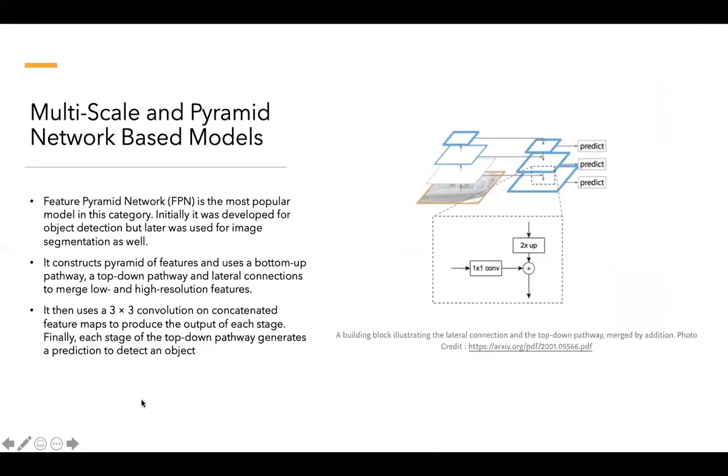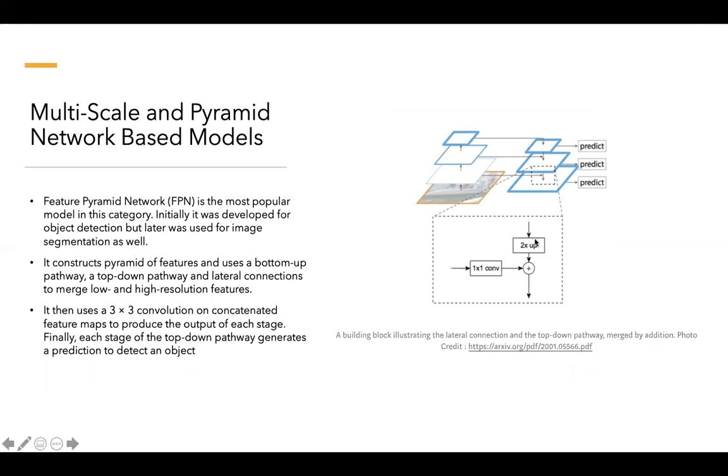Then talking about the multi-scale and pyramid network-based models, the basic idea is that it constructs feature pyramids and uses a bottom-up pathway, a top-down pathway, and lateral connections to merge low and high resolution features.